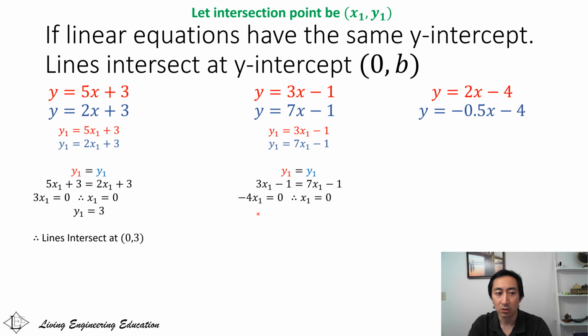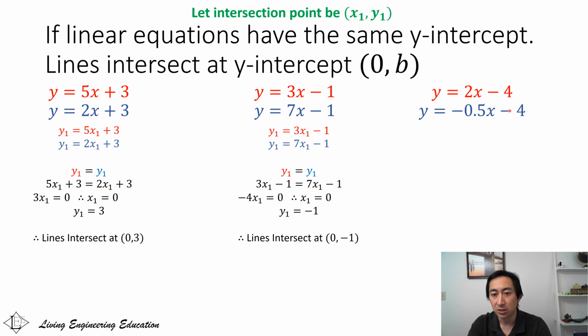So same as this pair over here, our x1 equals 0, which represents the y-axis. Plug in x1 equals 0 into either the red or blue equation here, and we get our y-intercept, y1 equals -1. So the intersection point is at (0, -1), or the y-intercept.